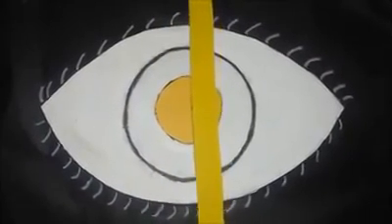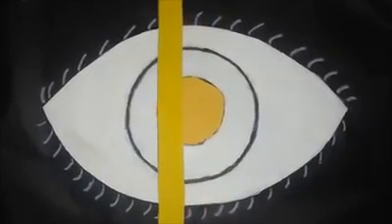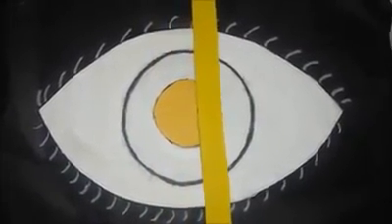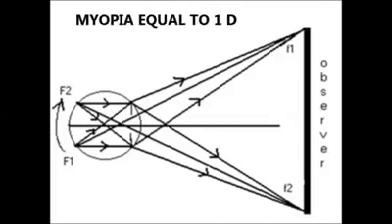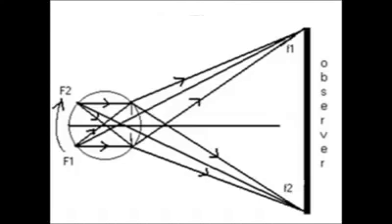No movement is seen. That means the patient has an error equivalent to that of the working lens. Rays emerging out of the patient's eye are convergent and meet at a point 1 meter at the pupillary plane of the observer, and hence no movement is seen.